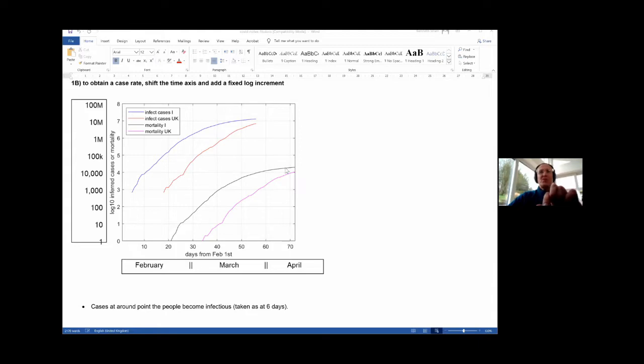The pink plot here is the UK death rate, which started just in the early days in March and climbed up. Very similar gradient, very similar slope up for the first several hundred deaths, and then you could see these weekly ripples in it.